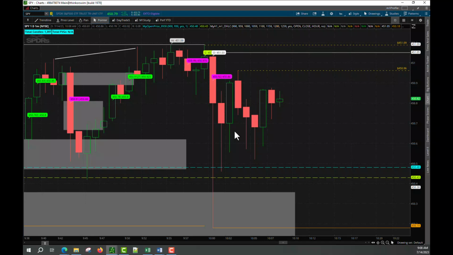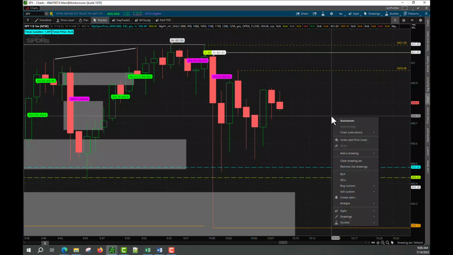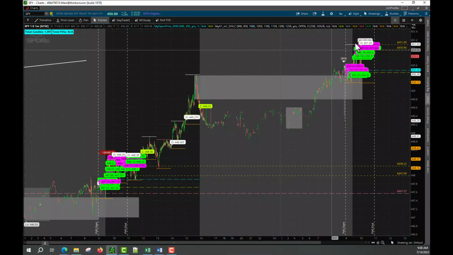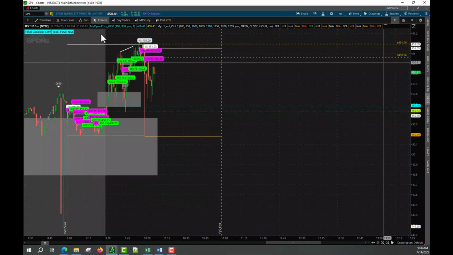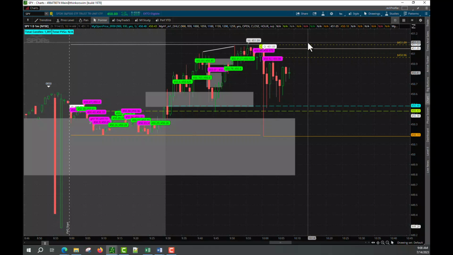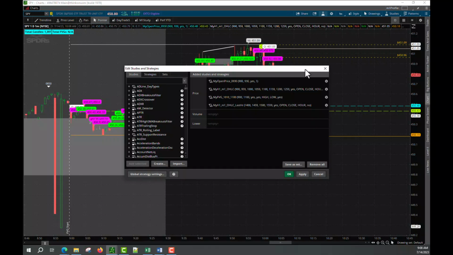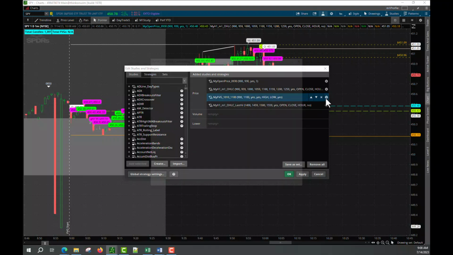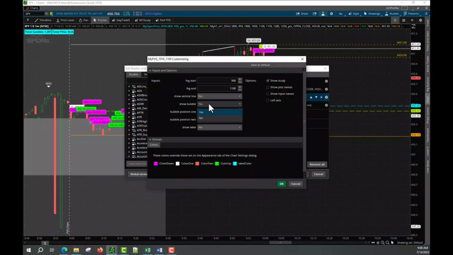Holy. Wow, all the fair value gaps give you a hard time. Okay, let's see how it goes. Okay, let's turn off the fair value gap right now. It's too much right now.